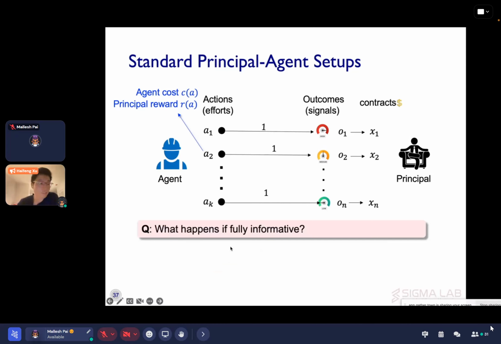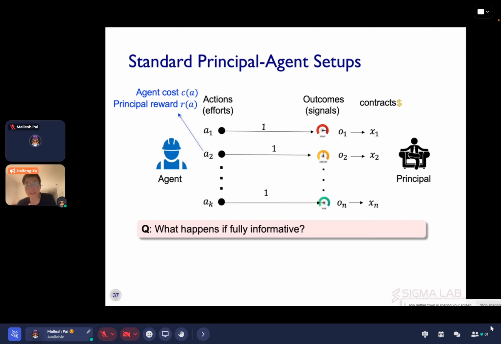So now let's look at two simple examples. One is what happens if this information relation is fully informative. That means the principal can observe the outcome, which exactly tells you the underlying action that the agent is taking. In this case, what would the optimal contract be?